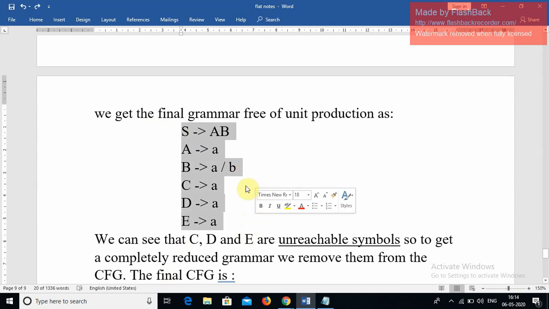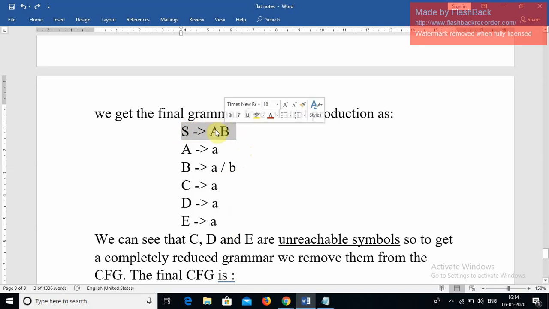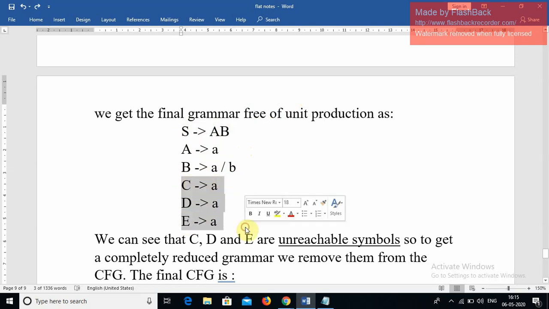If you observe this grammar, there is still a minimization process. Some unreachable symbols exist. S is the starting symbol. From S we can reach A and B, but we have other non-terminal symbols, C, D, E. Those are actually non-reachable symbols.